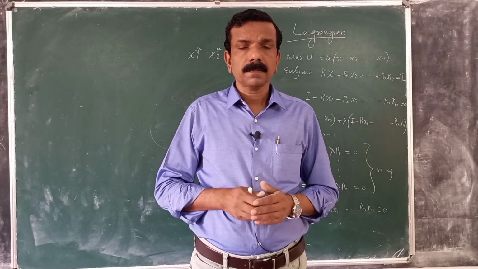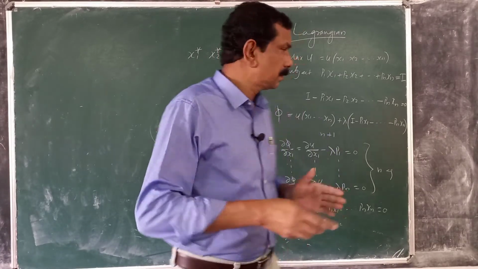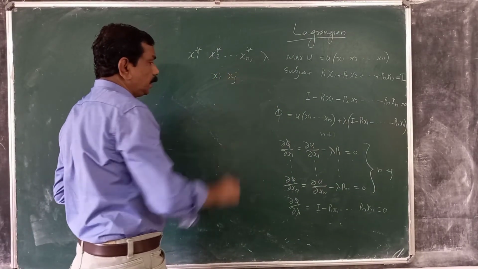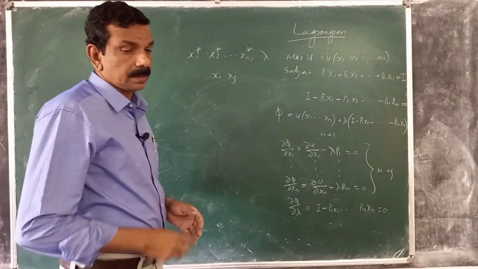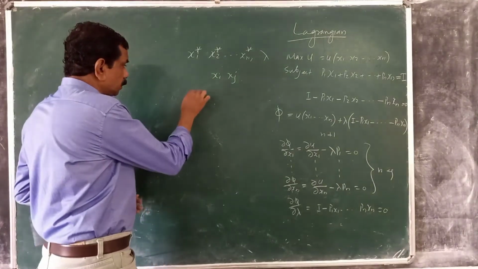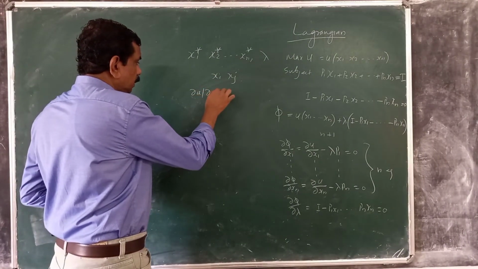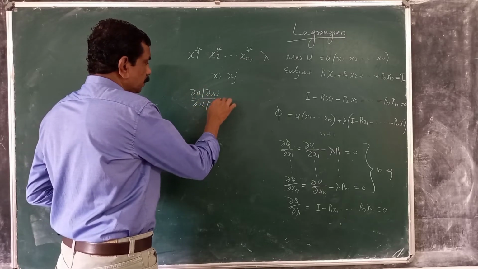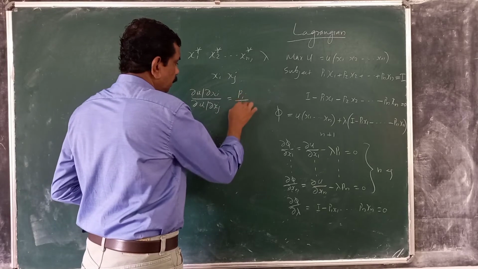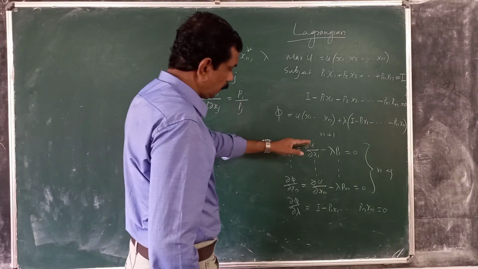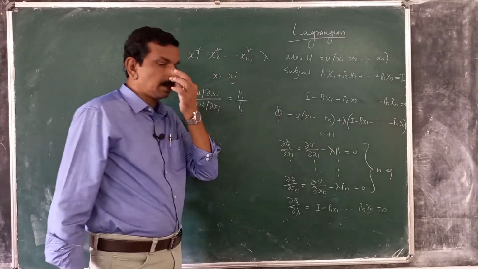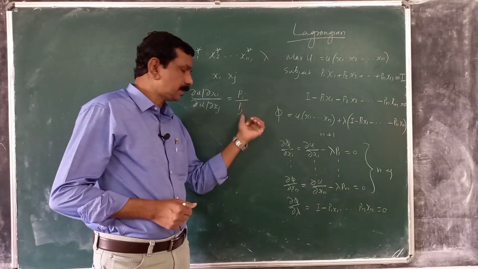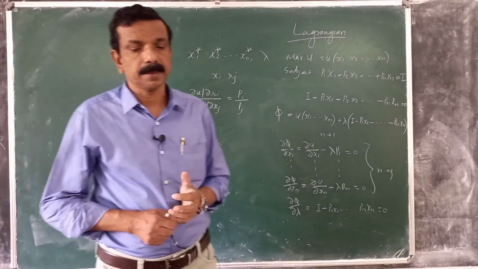For example, for any two goods xi and xj, we can write dou u by dou xi divided by dou u by dou xj is equal to Pi by Pj.